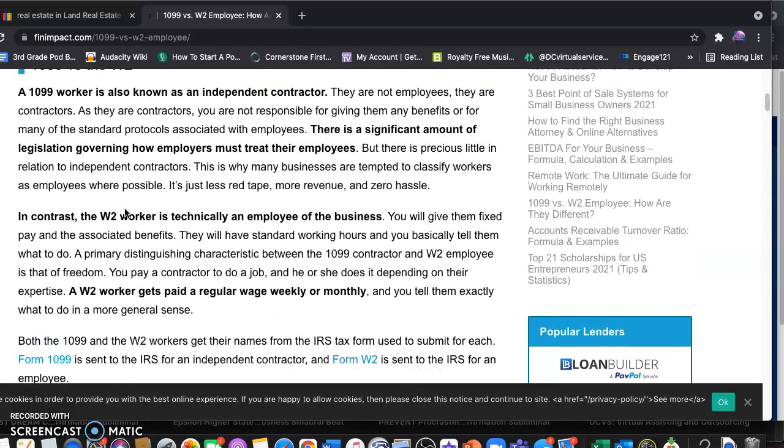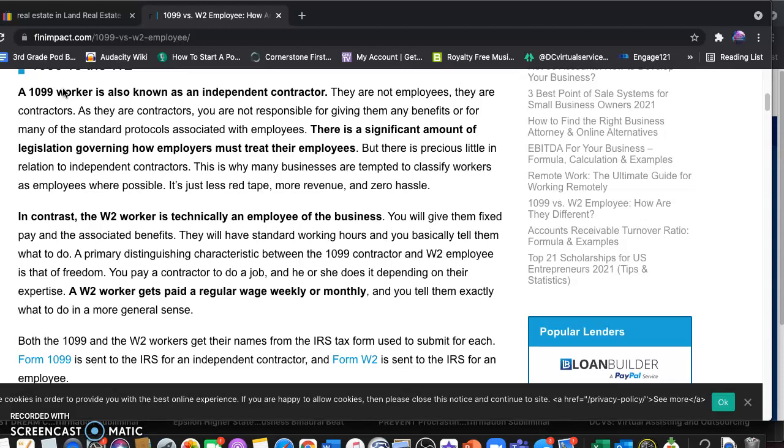Whereas, let's go back to this: as a 1099 contractor, you choose your own hours. You choose how you want to work and how to set up. Essentially, you are in control of your income. It's not salary based; a lot of 1099 workers are commissioned. Everything is based on you as a person that owns a job.